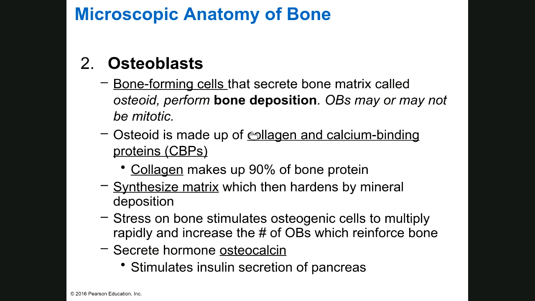This is why and how we're able to store calcium in our bone tissue, because these CBPs keep that calcium bound into the tissue, not freeing it up. So it's stored there. Actually, as far as what kind of protein you find in bone, most of it is collagen made by osteoblasts. So again, osteoblasts are going to synthesize the matrix.